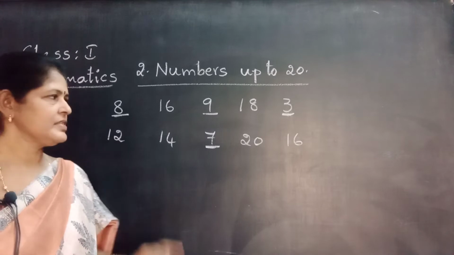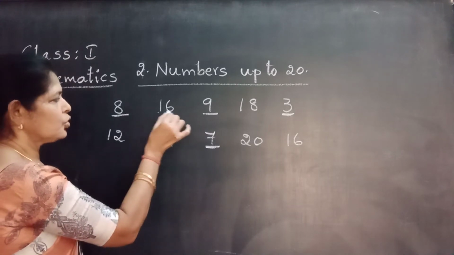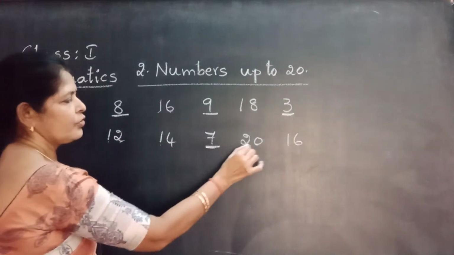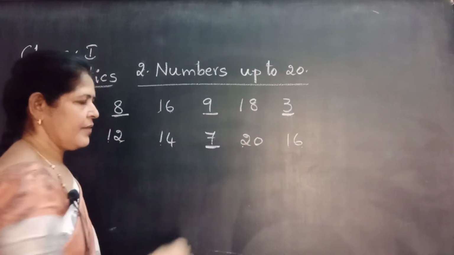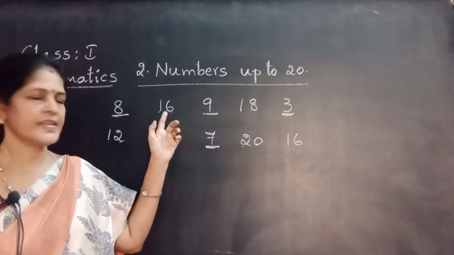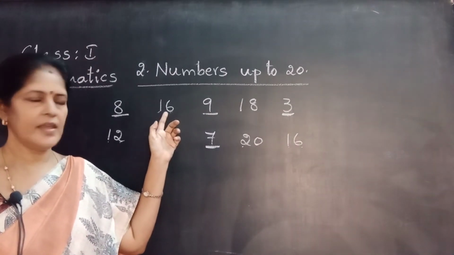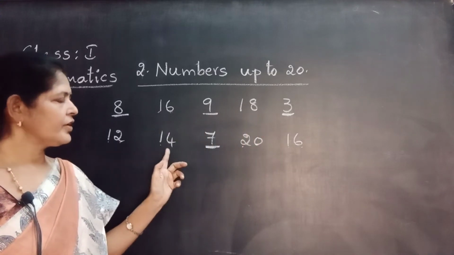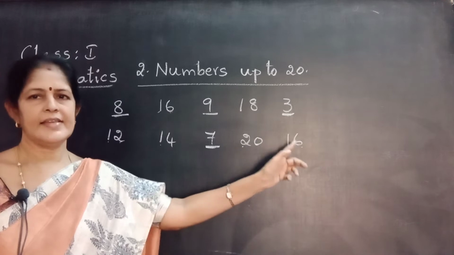Two digit means numbers having two numbers: 1 and 6, 1 and 2, 1 and 4, 2 and 0. How to read this number? 16, 18, 12, 14, 20.